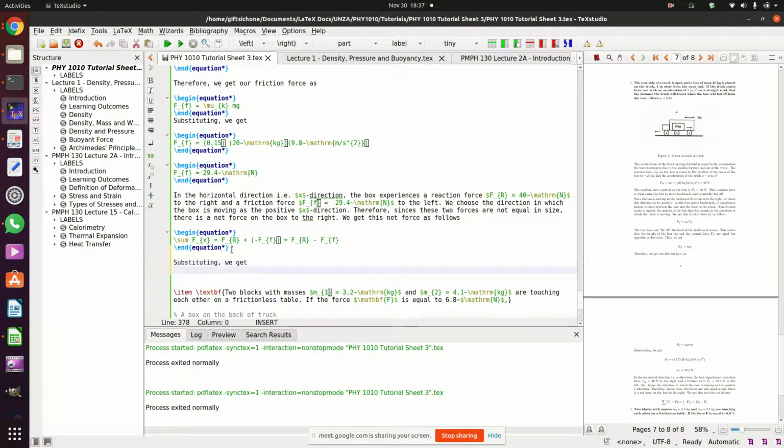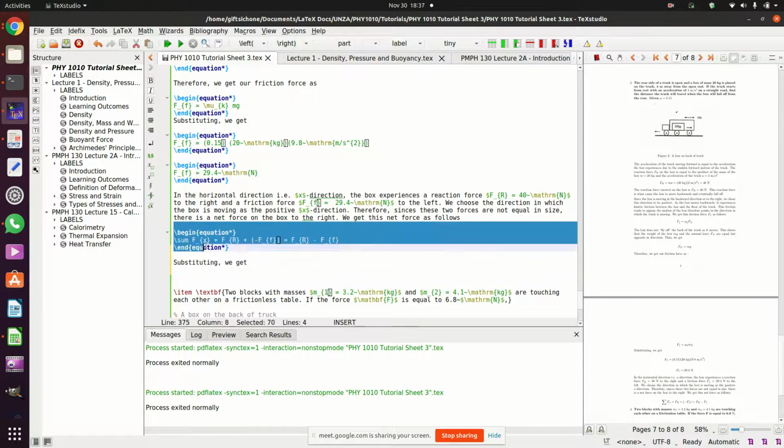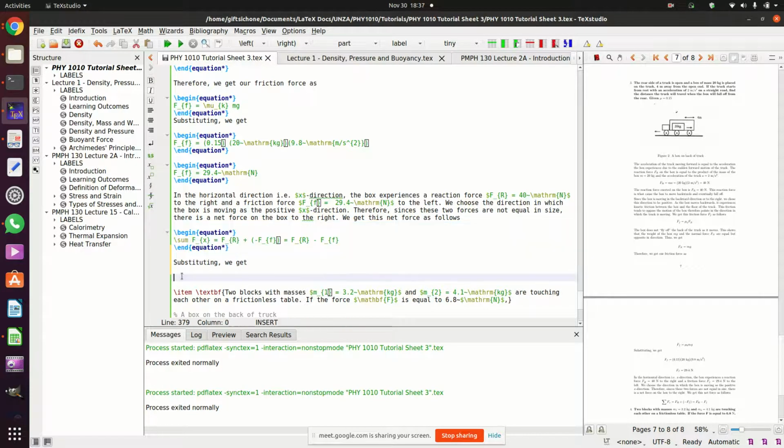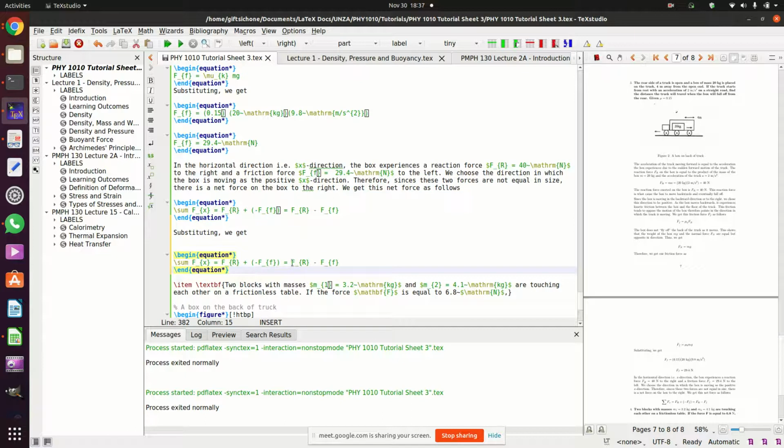we get Fx. The reaction force is 40 newtons, minus the friction force, which is 29.4.